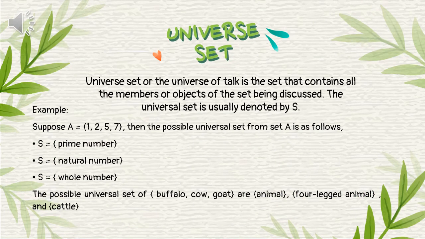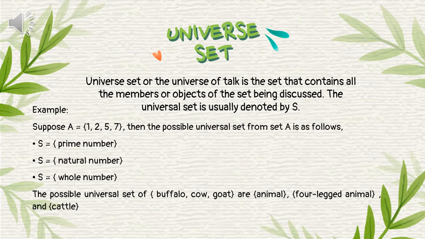Universe set. The universe set, or the universe of discourse, is the set that contains all the members or objects of the set being discussed. The universal set is usually denoted by S. Example, suppose set A is {1, 2, 5, 7}.